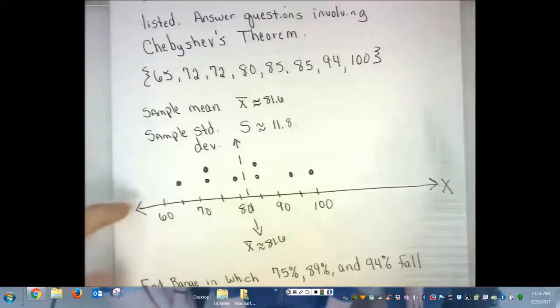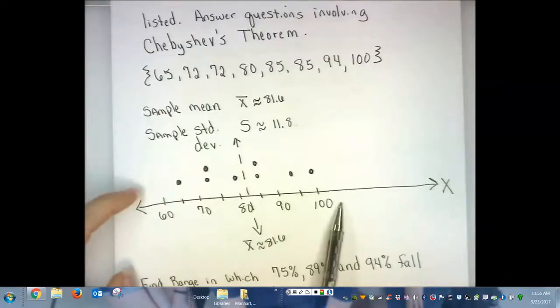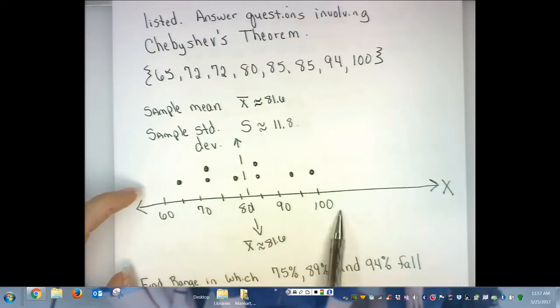The first thing I did, though, is graph the individual scores for the students with respect to the class average of 81.6. I incremented in terms of 10: 60, 70, 80, 90, 100, and the dot plot is represented. So this is the person with the 65. These two people are the students with the 72.